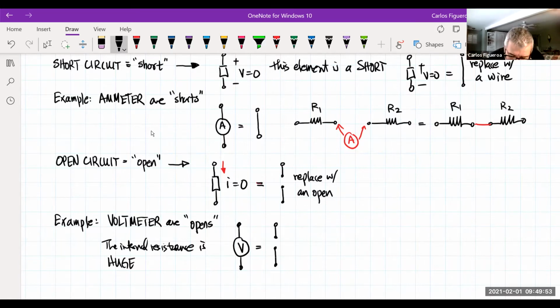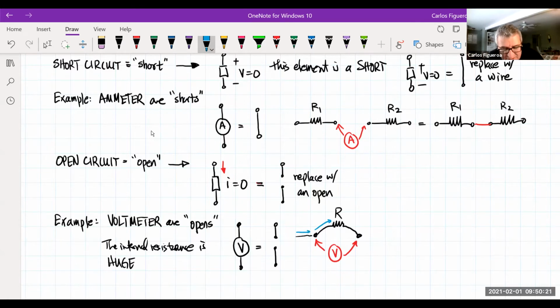The way you measure voltages is that you put your voltmeter in parallel with the resistor here. As the current is coming in here, if you truly have an open, then all of the current goes in that direction.